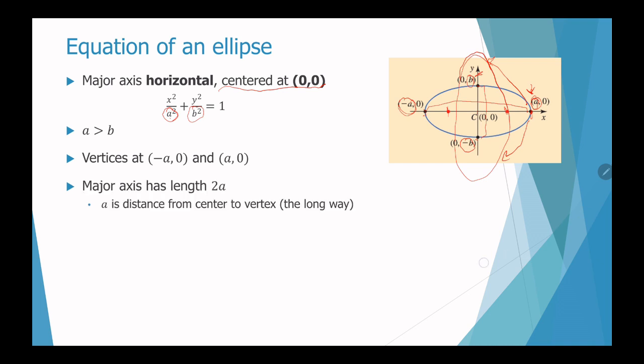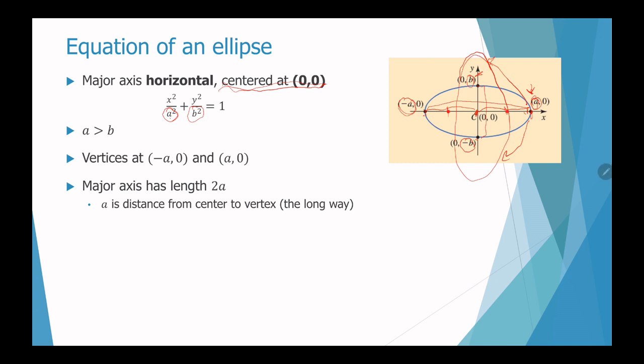And I mentioned the vertices, and that the length is 2a. I didn't actually mention that, but because this is a distance from the origin, and we are centered at the origin again, then it must be that the major axis is 2 of those. This distance from here to here, the semi-major, which would be a, plus the semi-major for this side, which would also be a, so 2a.